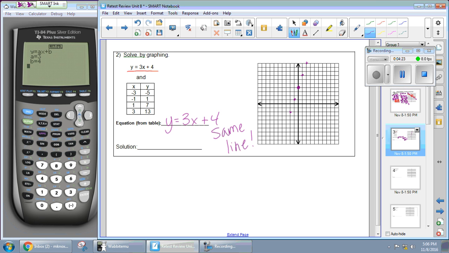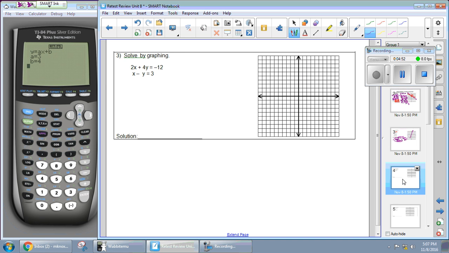Down 3, back 1. And then I'm going to connect these points with a line. Now, if I redraw this line for my second equation, it would be the exact same thing. So I have infinite solutions. They will touch each other at every point.